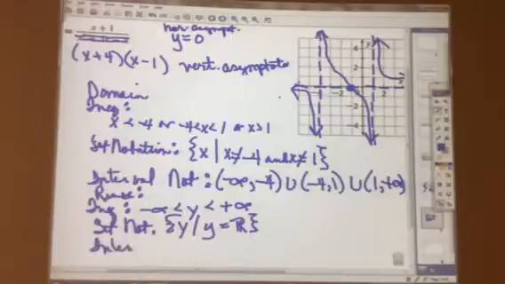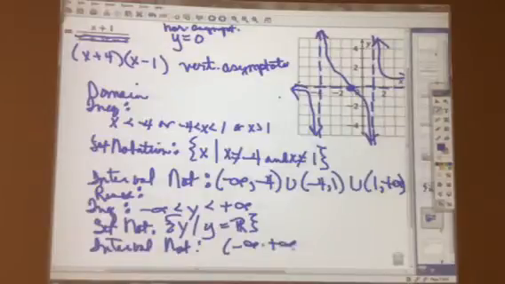And in interval notation, negative infinity to positive infinity. Very good. Any questions? Anybody? The answers that you're looking for are domain, range, the table, the horizontal and vertical asymptotes, the x-intercepts, and the graph.